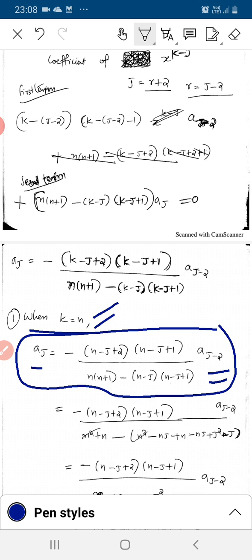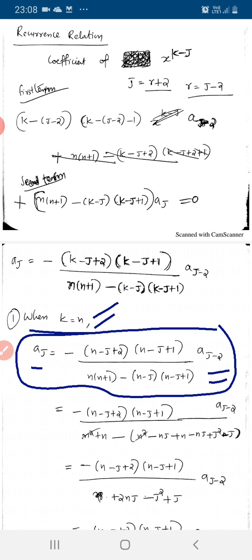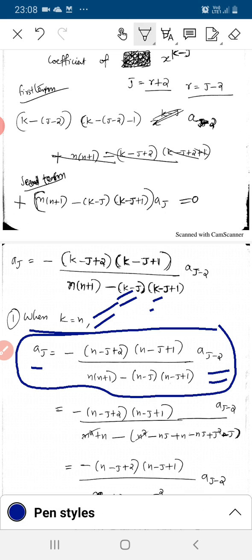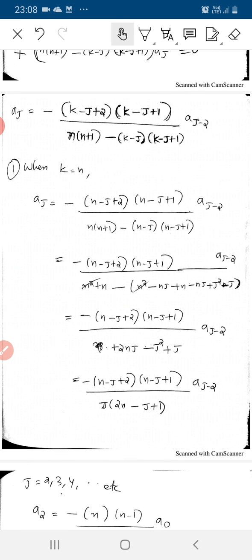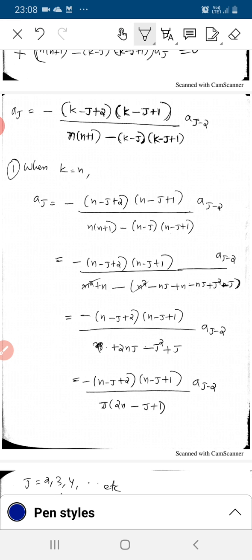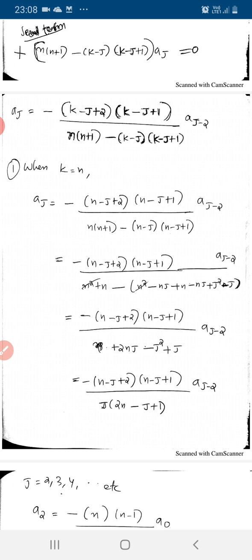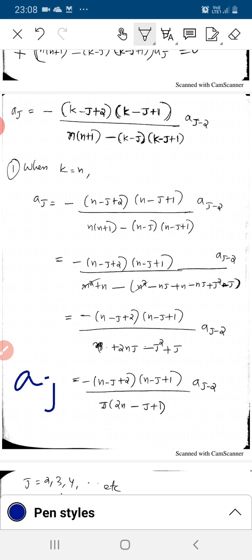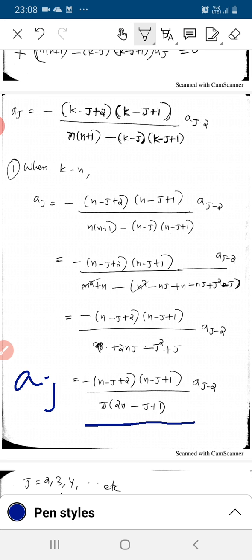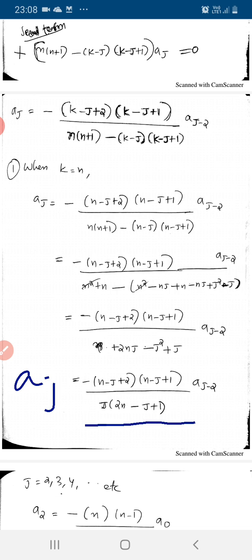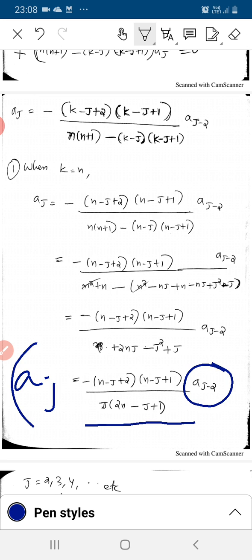So as we put k equal to n, we get this, and we will obtain this relation: aj equal to minus (n minus j plus 2)(n minus j plus 1) over j(2n minus j plus 1), times aj minus 2. So this is what we get.